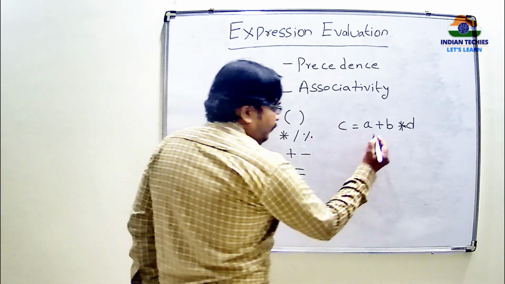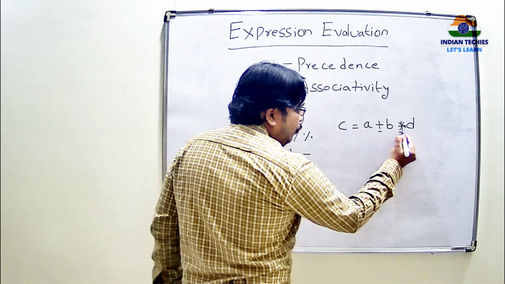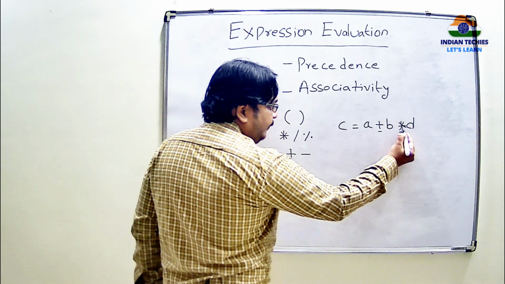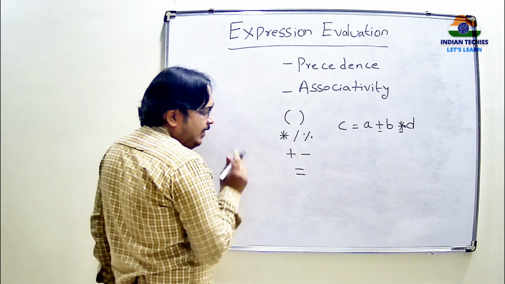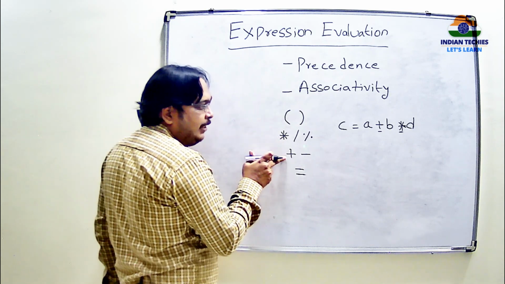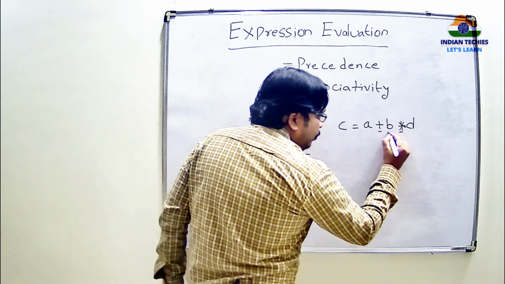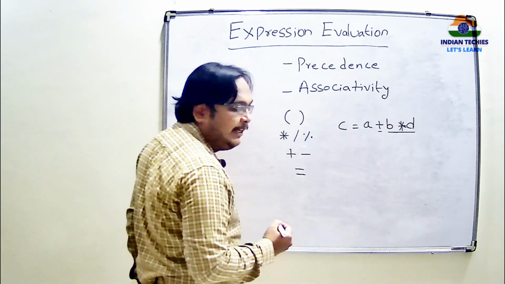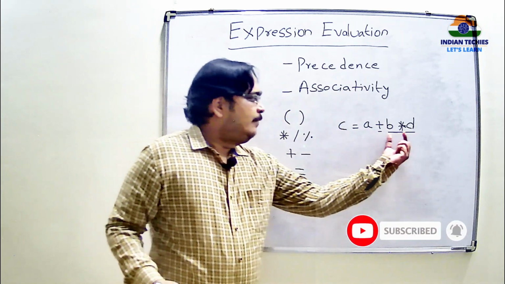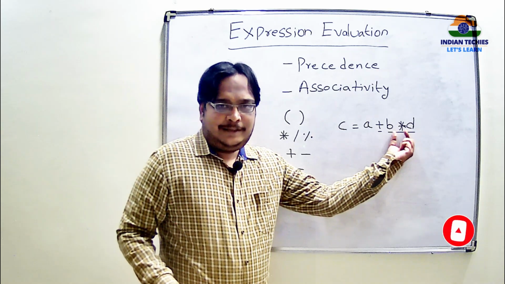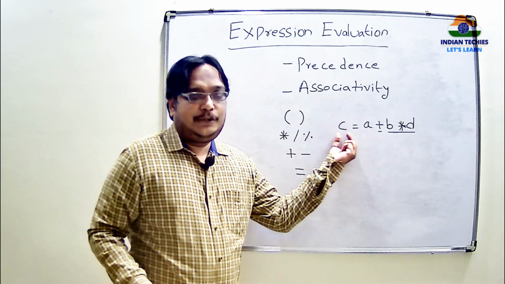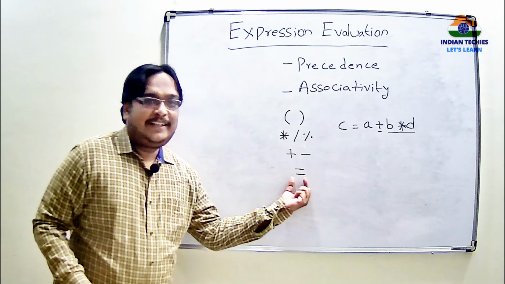We have two operators here, addition and multiplication. When you see the precedence, multiplication has higher priority than addition. So, first B into D will be calculated. That result will be added to A. First multiplication will be done, then addition, then the total result will be assigned to C, since equal to has the least priority.